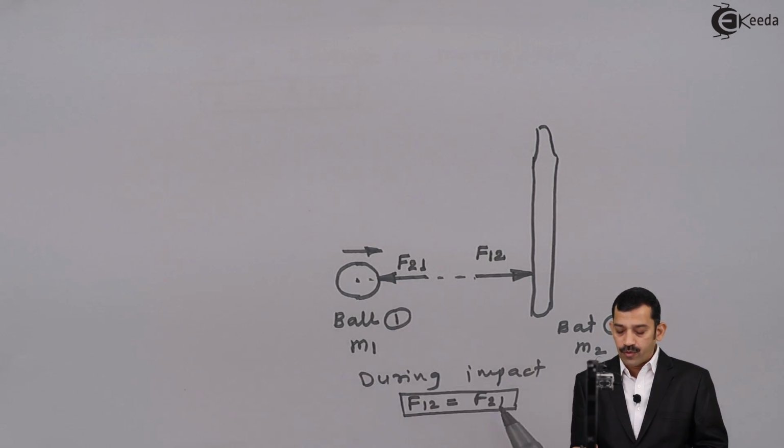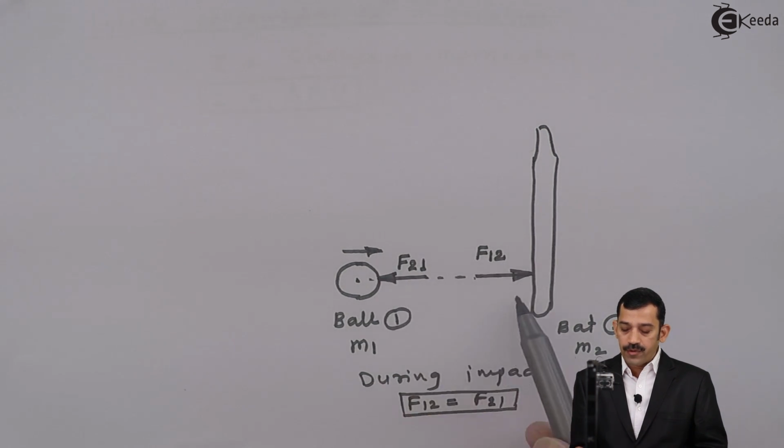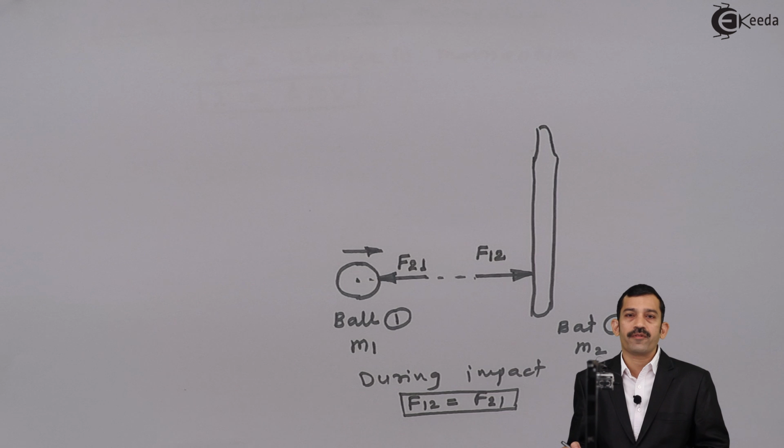Next, F21 into delta t is in the leftward direction, so it is negative. That means during impact, the sum of impulses is 0, because the magnitudes of the forces are the same and the directions are opposite.